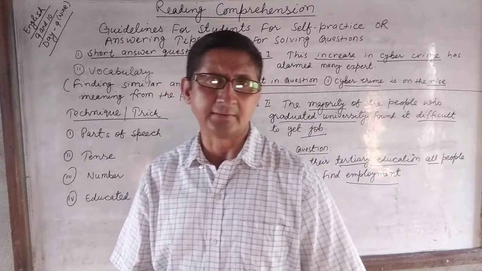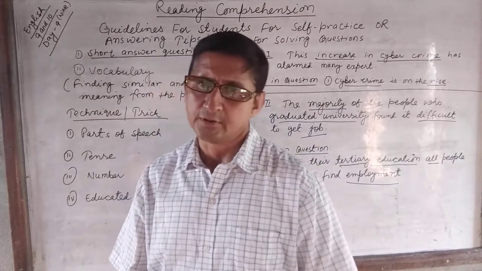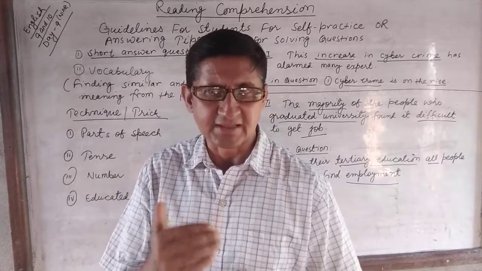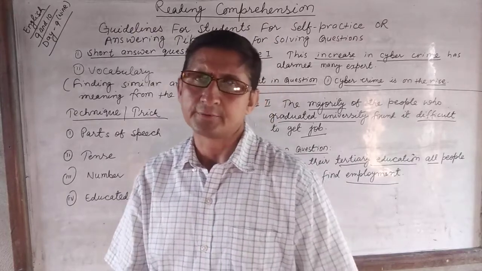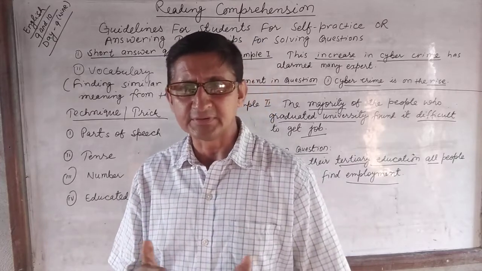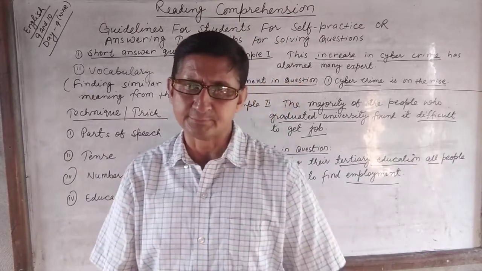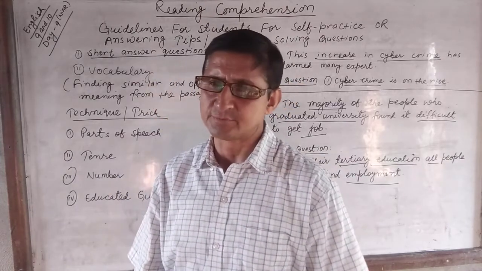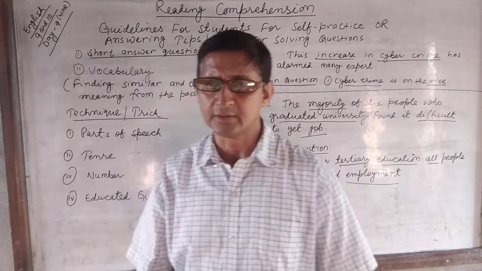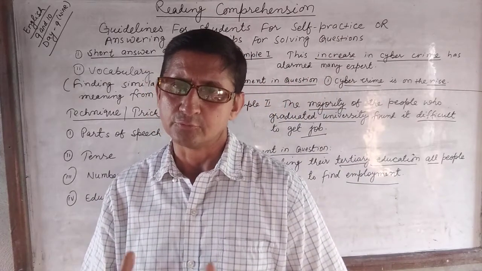After identifying the verb tense, you have to find out the verb of the same tense, same form from the text, from the passage. If it is in present, find the present verb. If it is in past, find the past form of the verb. In this way, you have to find out the meaning of the word.